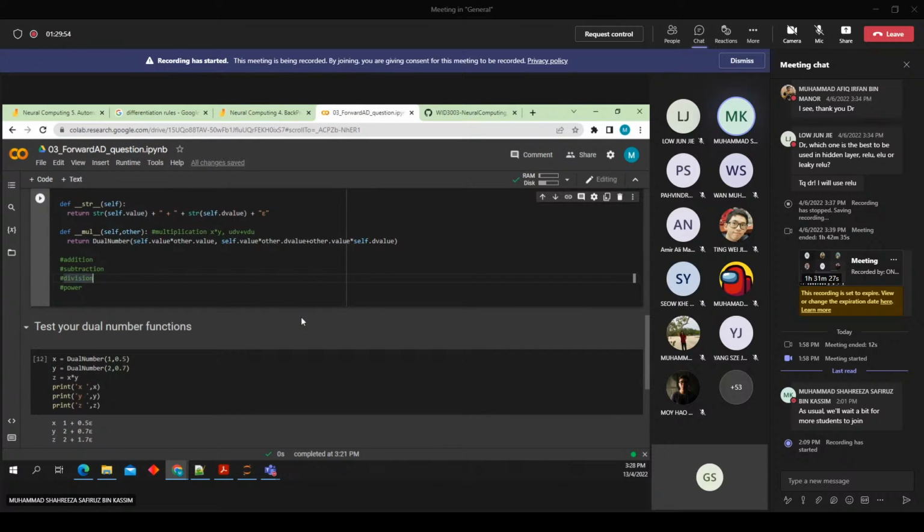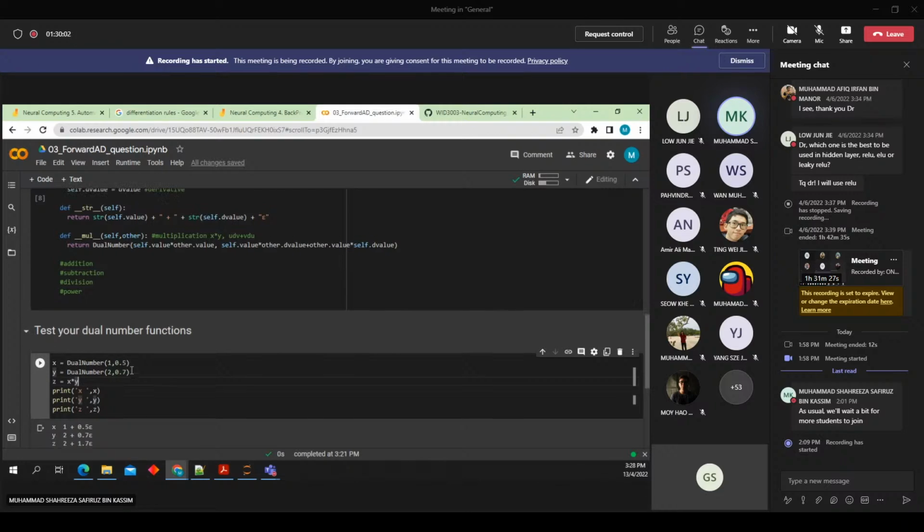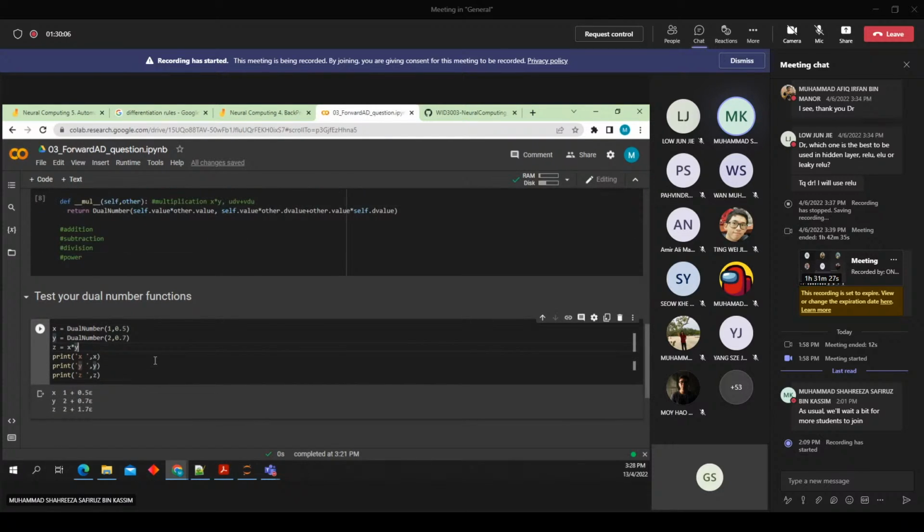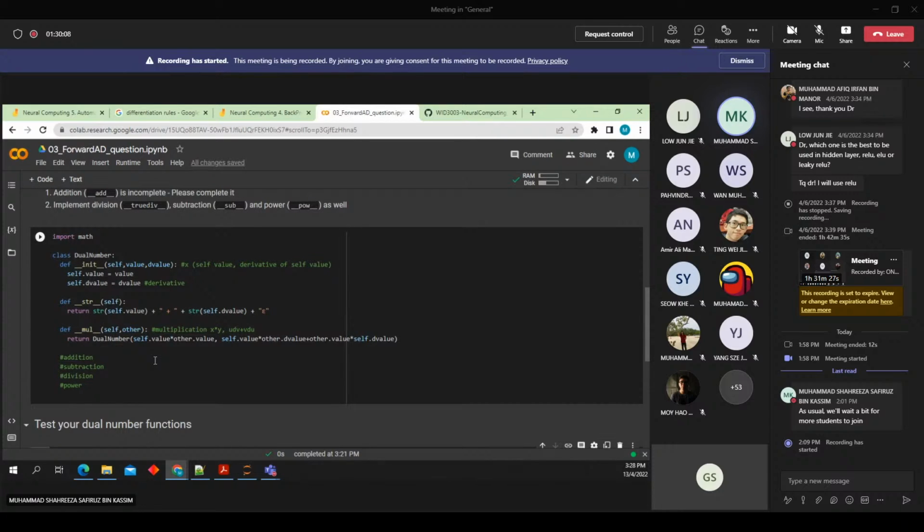Okay, so I'll give you 20 minutes. You can do addition, subtraction, division, and power, and test your dual number functions. See whether your dual number functions are correct or not. It's kind of straightforward at this point, if you already got it.